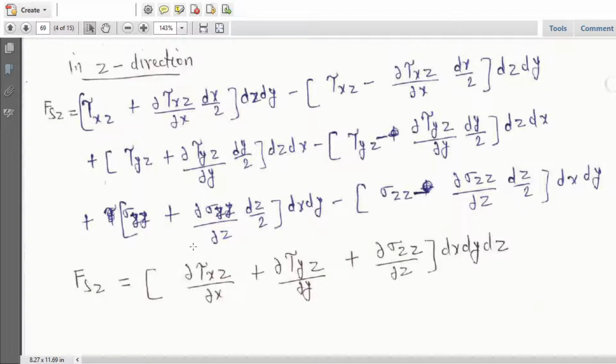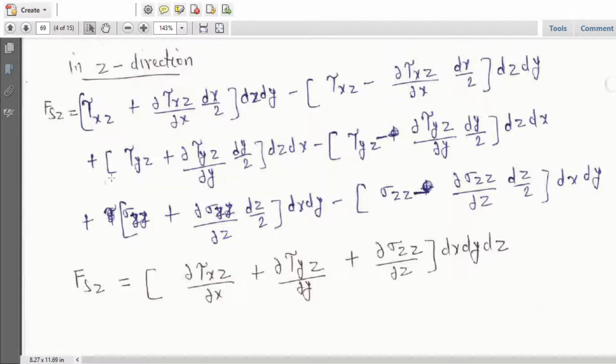So the direction is z. This is the x plane component in the z direction, this is the y plane in the z direction, and this is the z plane in the z direction.